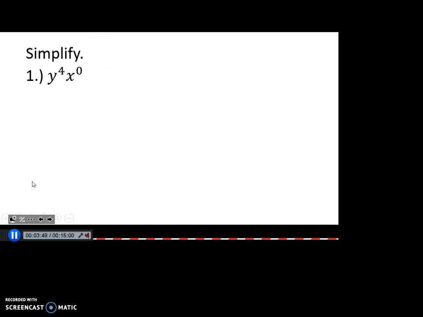Let's look at a couple others. So if I have 6a to the 0 power h to the 9th, I'm going to rewrite it so that it's separated out so I can easily see all of my terms. That 6 isn't raised to the 0 power, so I'm going to bring that down. A to the 0 power is going to become 1.